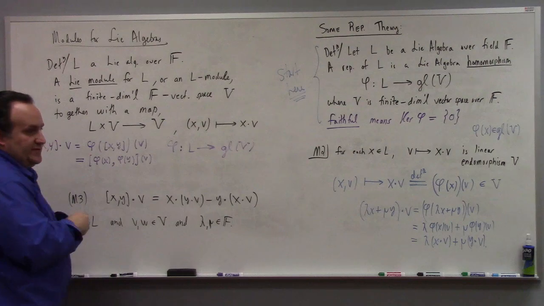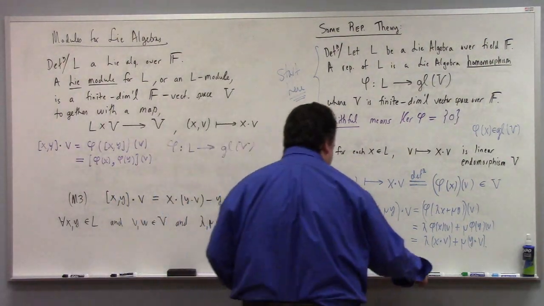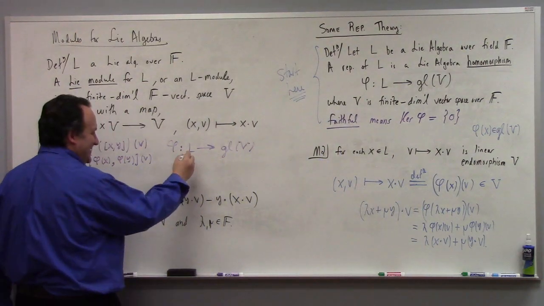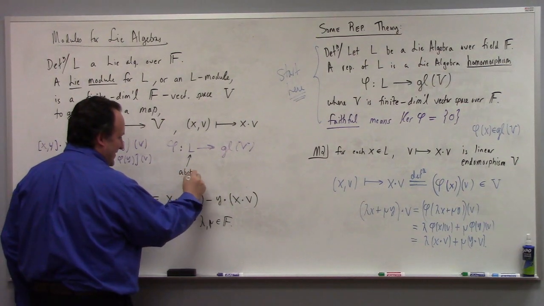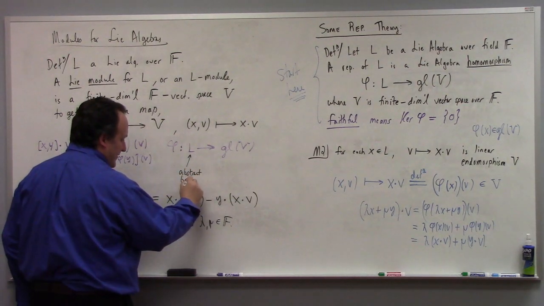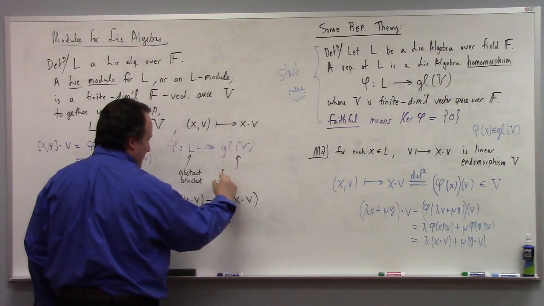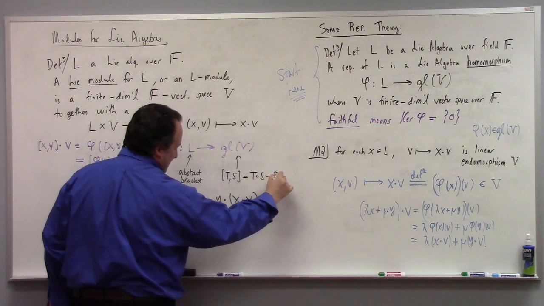So just to recap what's going on here, I actually made it that time, Audric. No one's here to see it, but here you've got your abstract bracket. And over here, you take 2 operators, t and s. You're looking at t composed with s minus s composed with t.